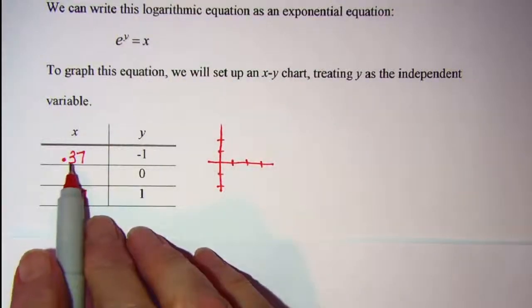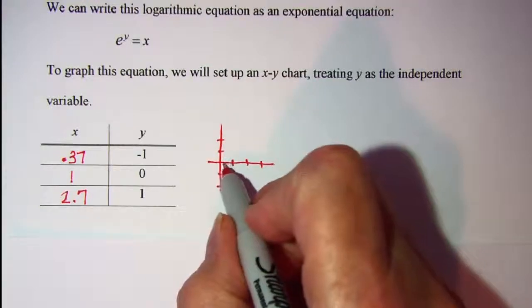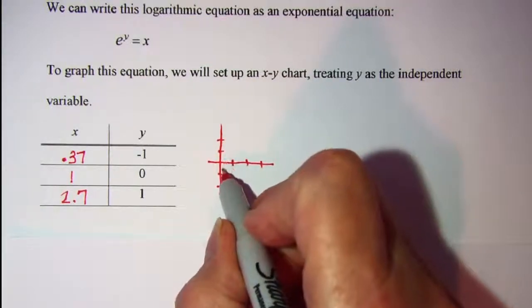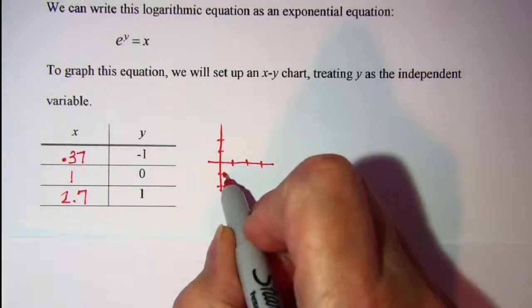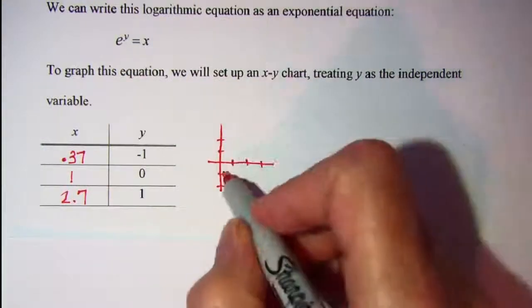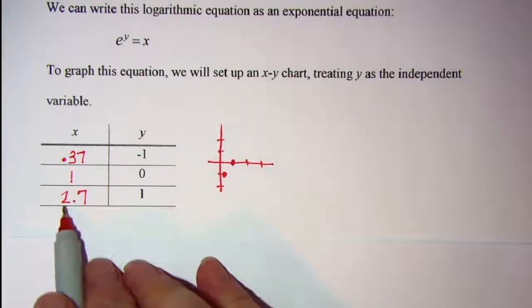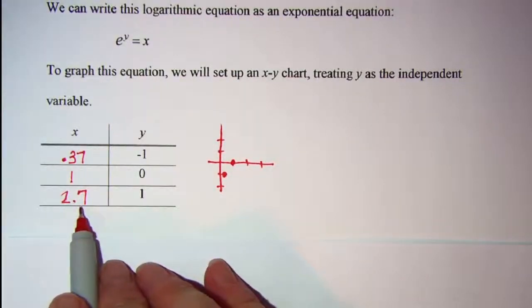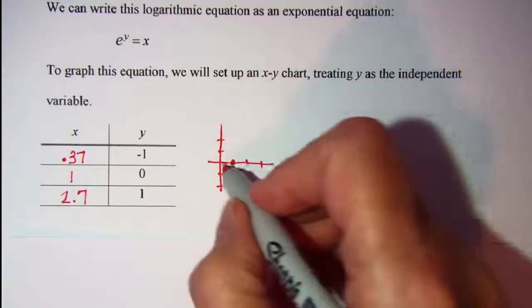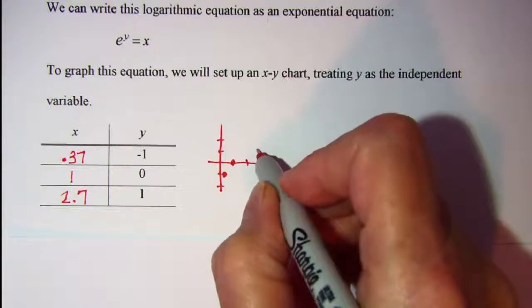When x is about 0.37, y is -1. When x is 1, y is 0. And when x is about 2.7, y is 1. 2.7 would be about here.